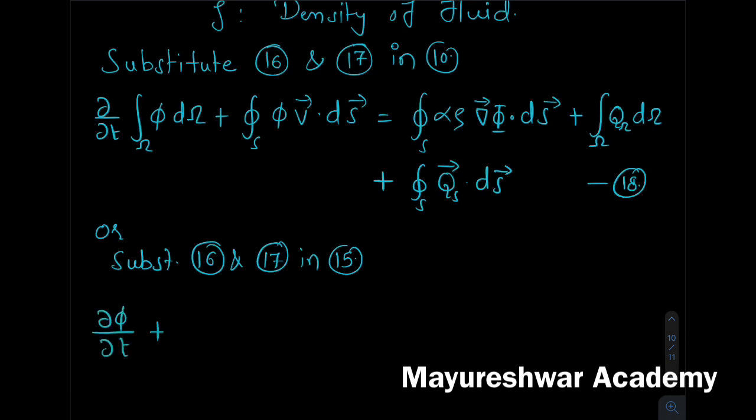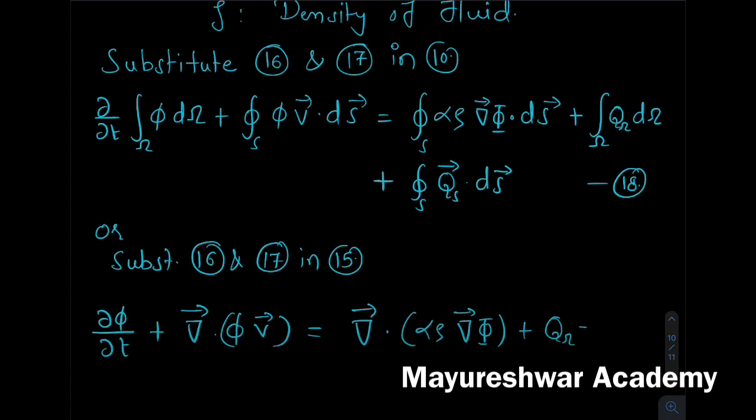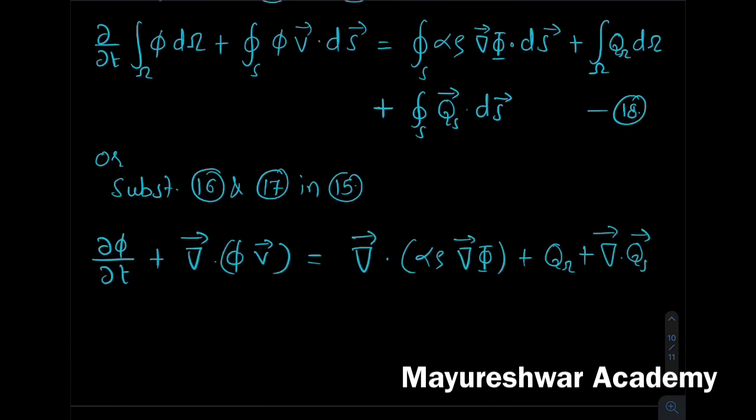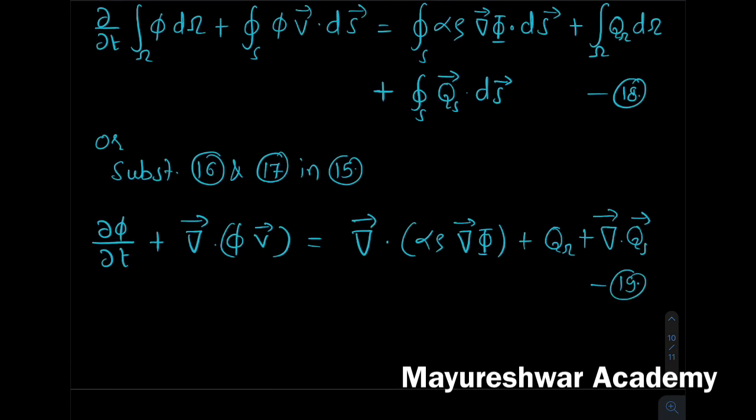So partial over partial t of phi plus del bar dot phi v bar is equal to del bar dot, now the diffusion coefficient, so that is alpha rho d phi, del bar phi, plus q omega plus del bar dot qs bar. So this is equation 19.